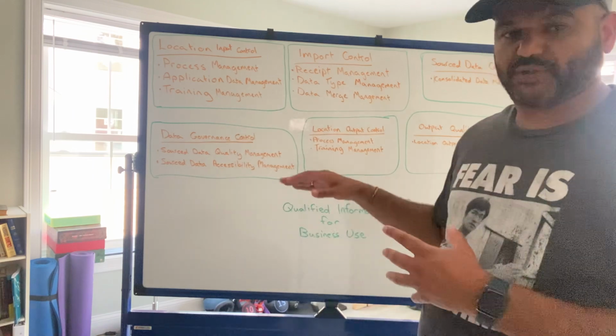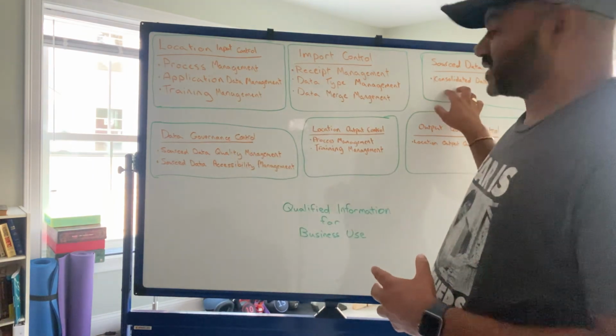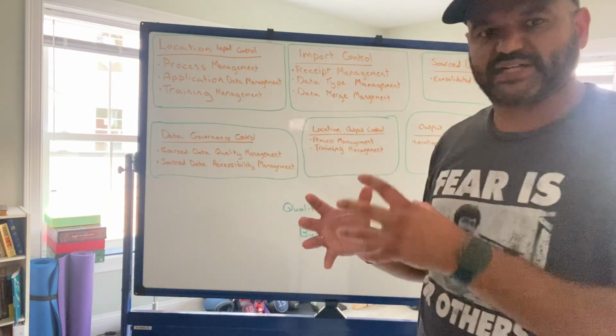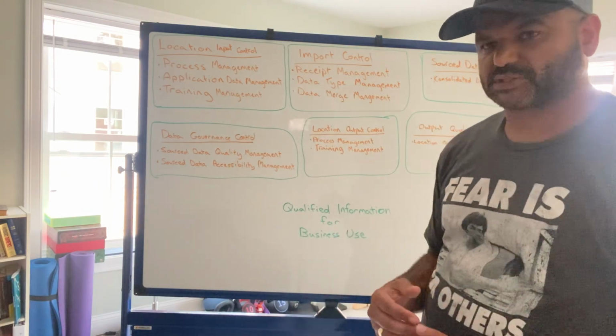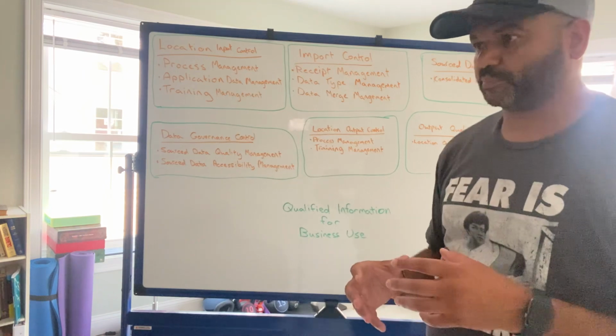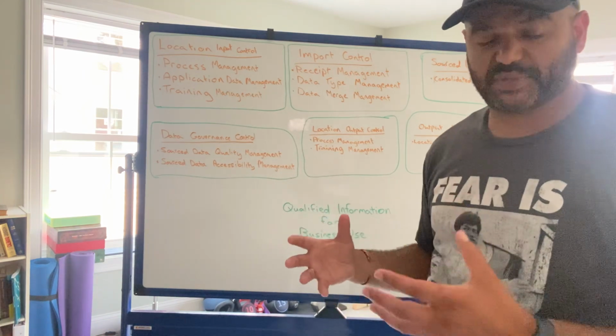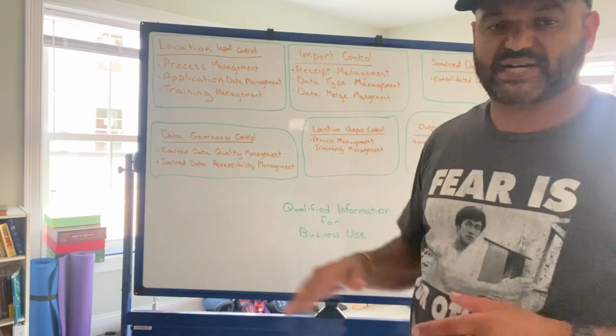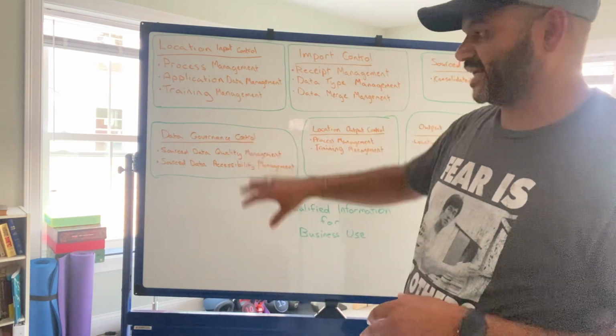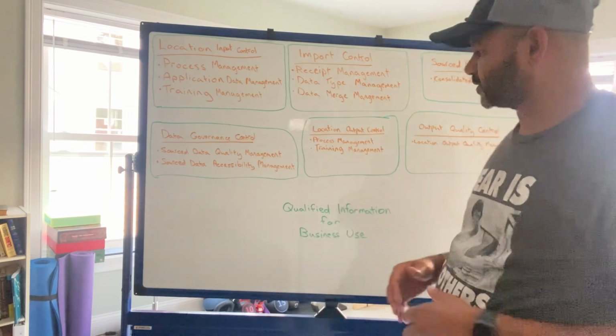That's making sure that these chunks of data are available to the people who need them. If there's a group or persons that need access to this data and shouldn't have access to other data, it's at this data governance control that happens.